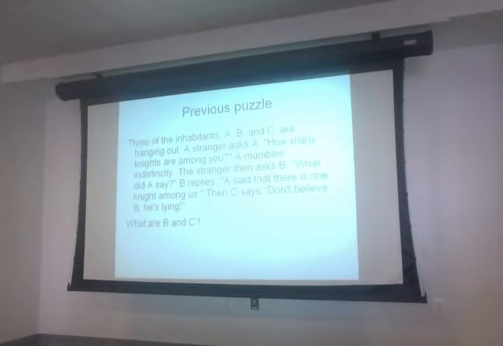And if B said what A said, he's telling the truth. And that means that there is one among them. And C would be lying by saying that he's lying. So that means that if there's only one among them and A was lying by saying there's one, then it's actually telling the truth, because there is only one.